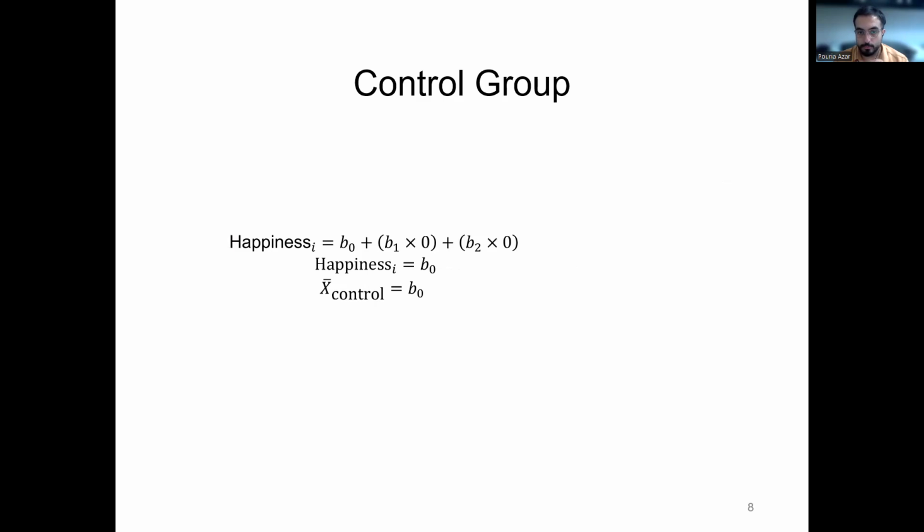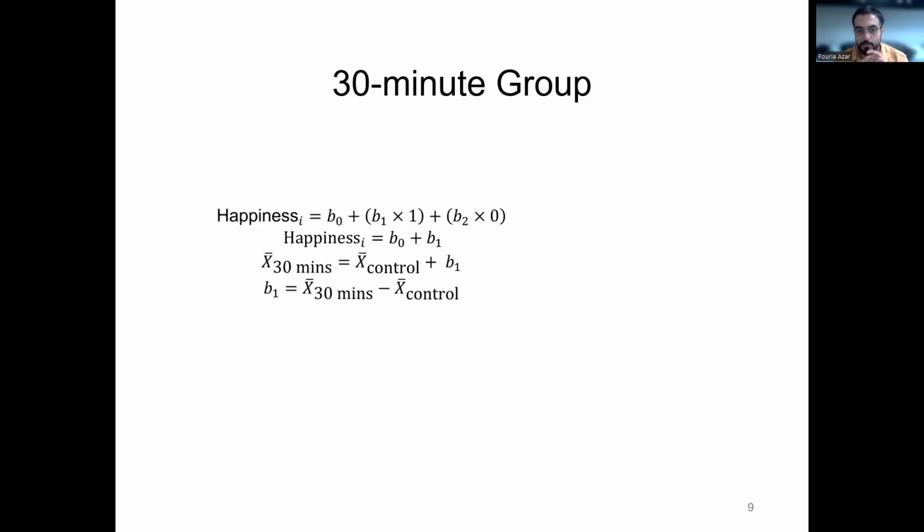So the mean of the control group is our constant term, or beta 0, which is the point at which the regression line intersects with the y-axis. For the 30-minute group, we have to put 0 for the short variable, so beta 2, the coefficient for the second dummy variable, should be 0.